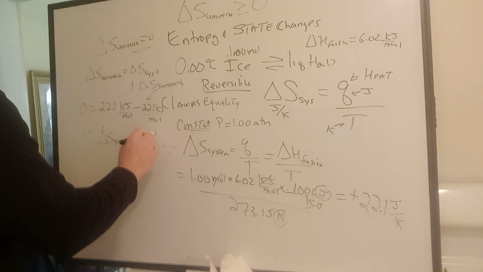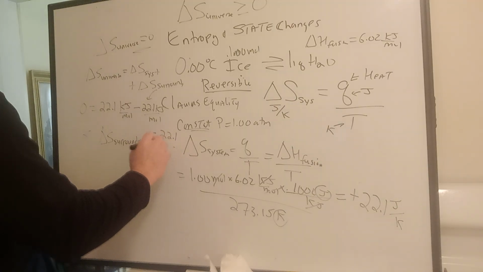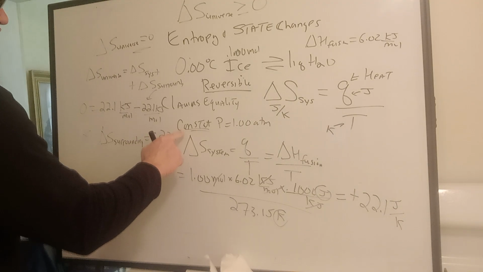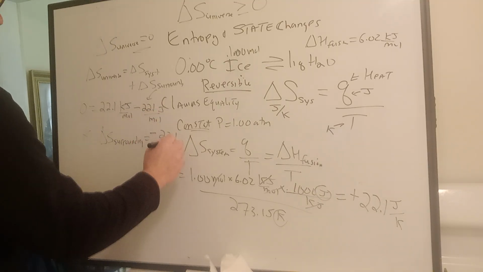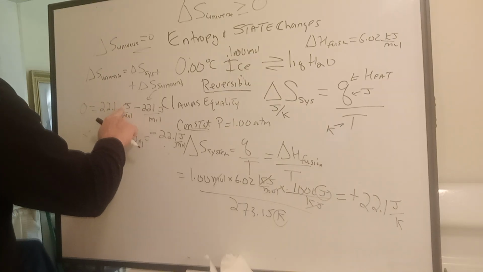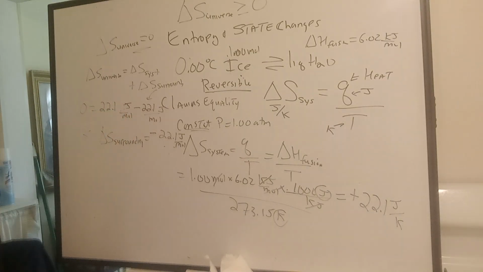It's the negative of the other value. Excuse me, joules per mole. We calculate this in, I don't know why I said kilojoules. This is in joules per mole. So it's the same magnitude but opposite sign.